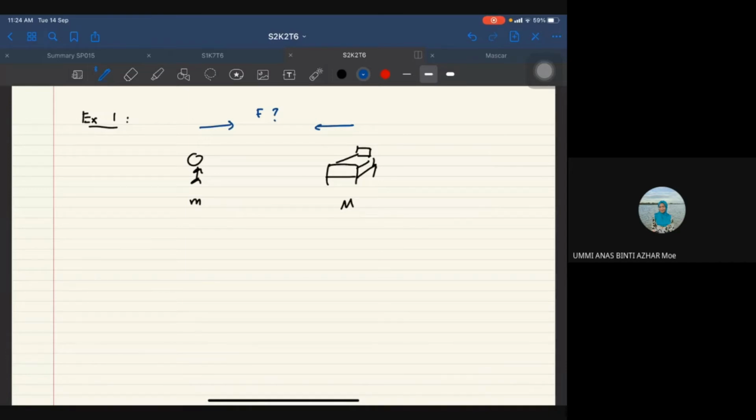Okay, soalan saya yang seterusnya, katakanlah kamu ada dua attractive force. So adakah kalau kamu duduk ataupun kamu berdiri lama-lama dekat sini, eventually adakah kamu akan tertarik? I mean, adakah katil tu akan bergerak ke kamu dan kamu bergerak ke katil? Bukan berjalan lah, I mean dia bergerak, tertarik. Kamu rasa?